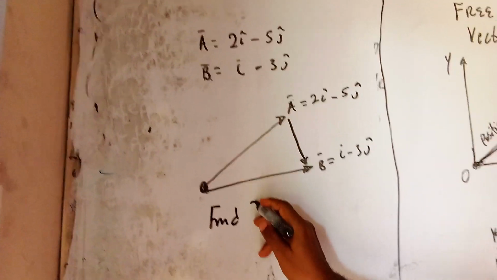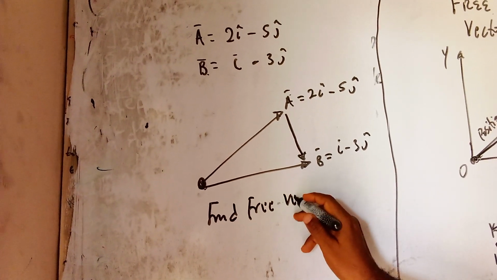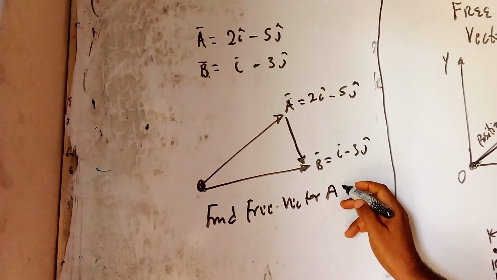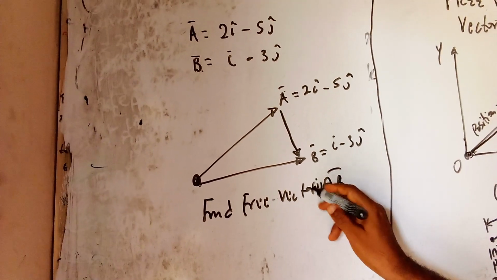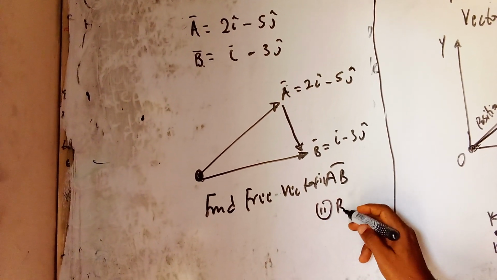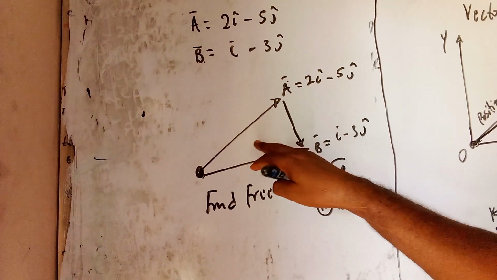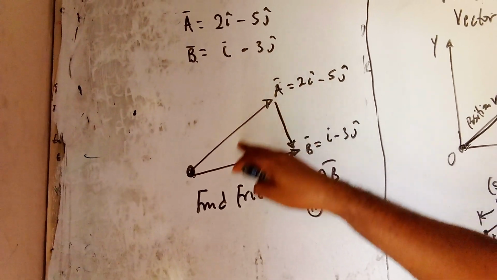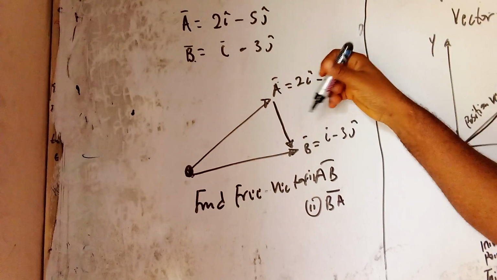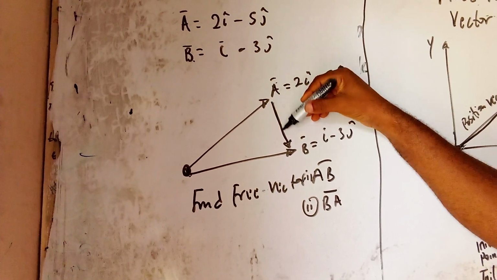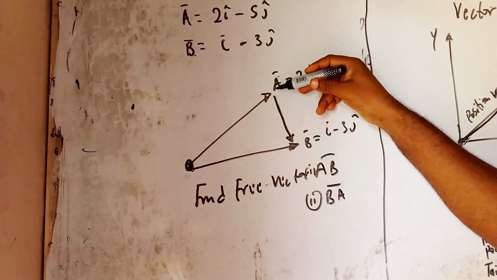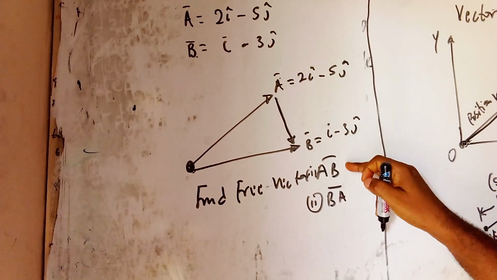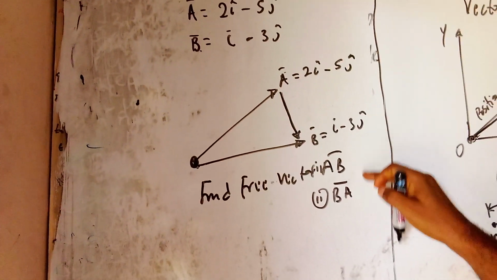Find free vector AB, case 1, and BA. What we have on this diagram is position vector OA and position vector OB. Because the tail of this vector is not tied to the origin, this is the free vector. So we want to determine two of these free vectors.